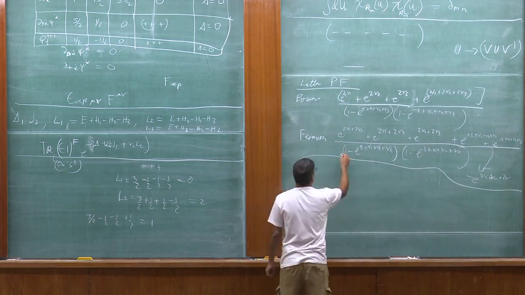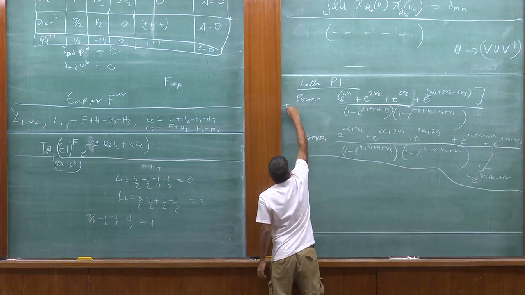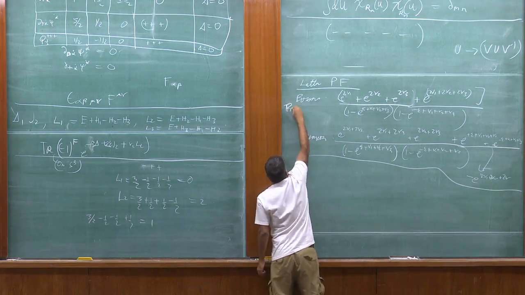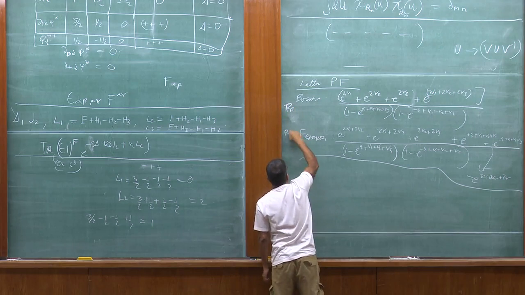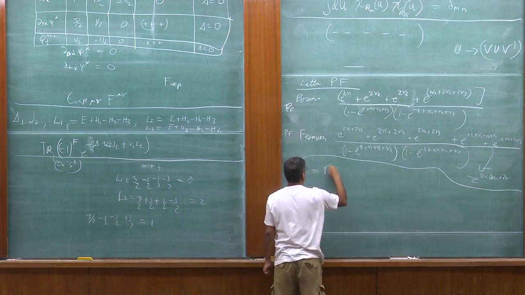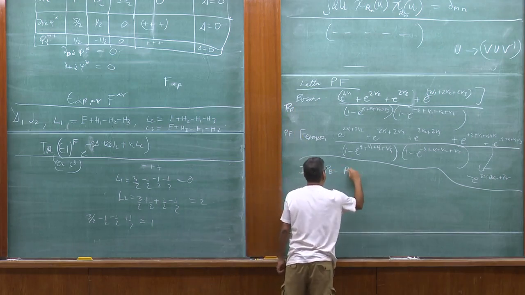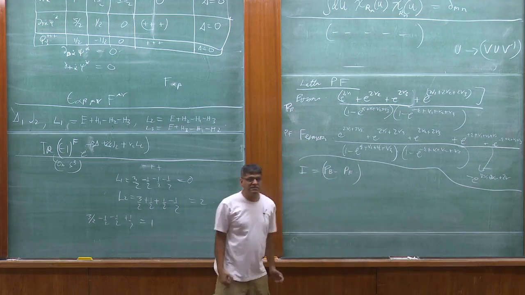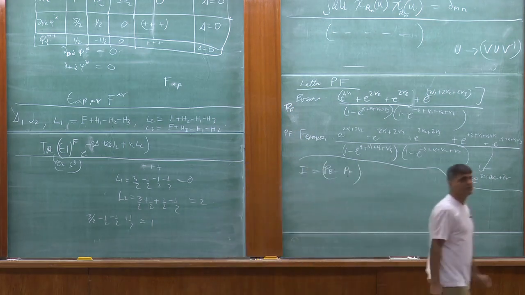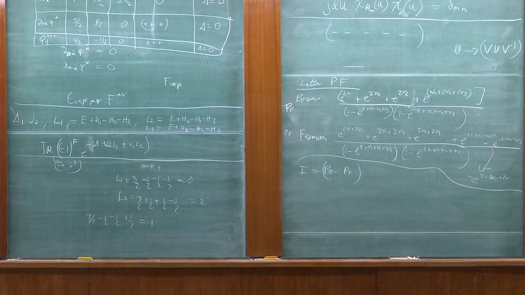So let's call this PB and this is PF. So I is equal to PB minus PF. Minus because the fermions carry minus 1 to the F, which is equal to minus 1. Is this clear?